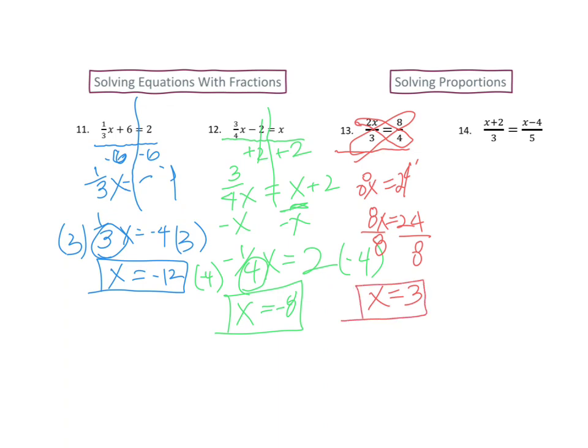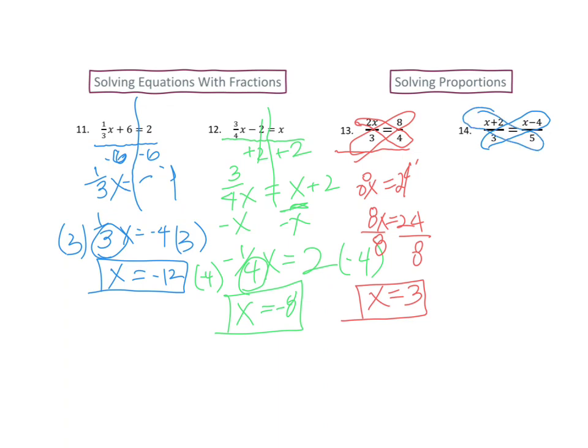Let us try the next one. This one's a little trickier. It has what are going to end up being distribution problems for us, because this says I have to multiply 3 times x minus 4, and then this says I have to multiply 5 times x plus 2.